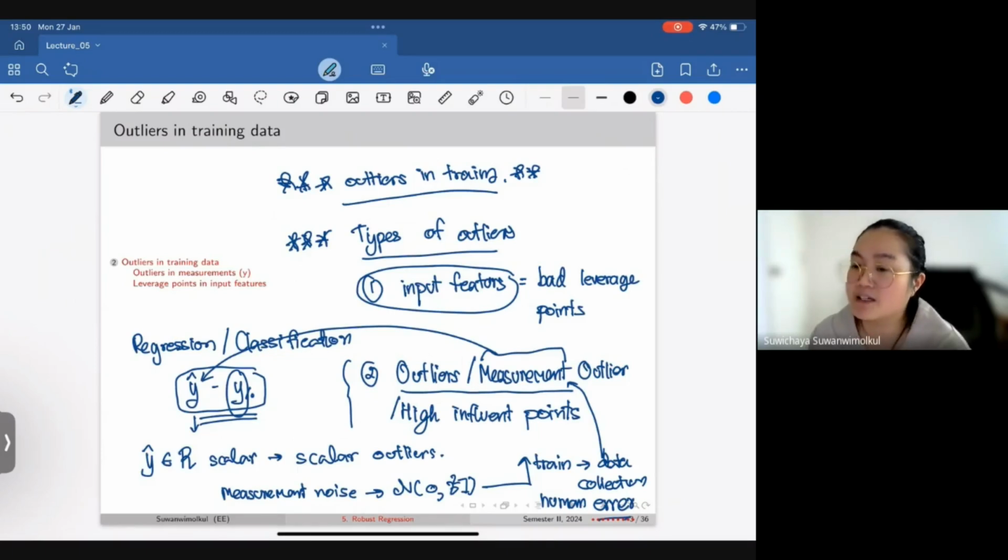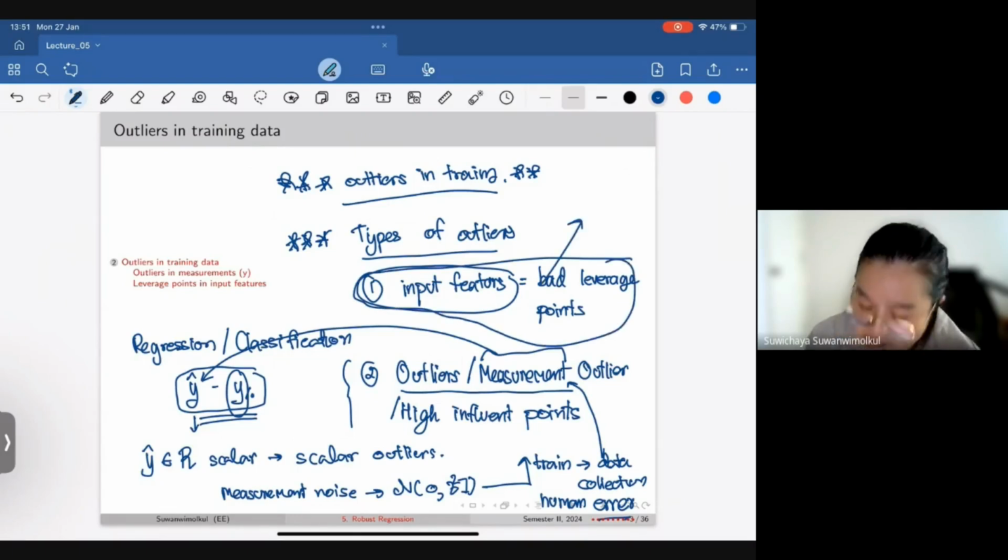But again, this bad leverage in input features refers to those samples of the input that deviate or behave totally differently from the other input samples. And notice that I'm calling them input samples instead of input features.